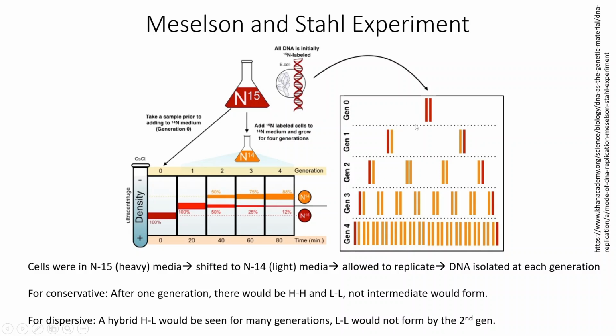In the second generation there's a mix: you have both the hybrid between heavy and light, and also completely light. Then they moved to generation 3 and generation 4, and saw the hybrid diluting out slowly and much more of the light labeled DNA.